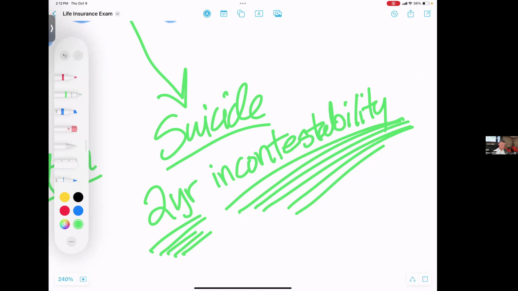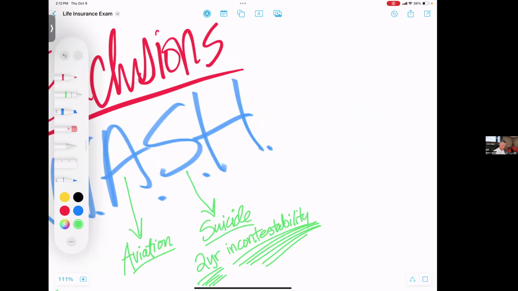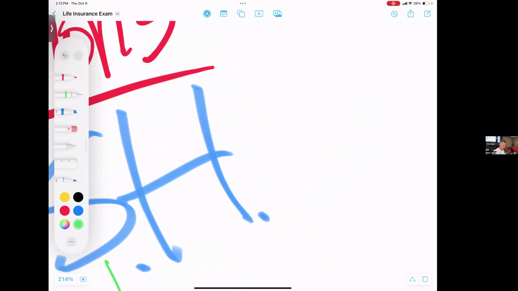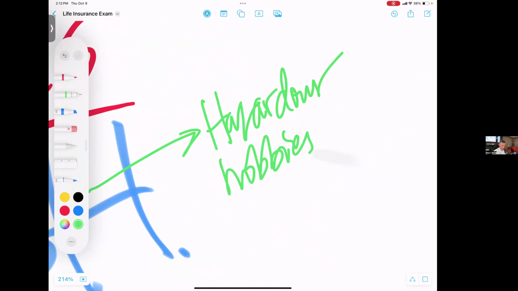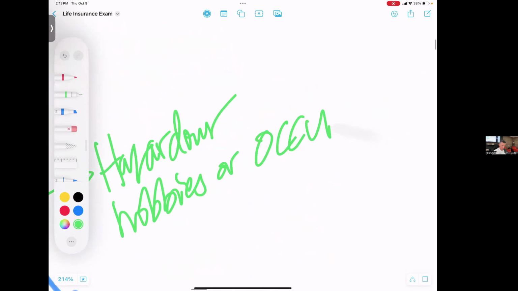And then the last one is H, which is hazardous sport. I think they have it as hobbies or hazardous occupation.